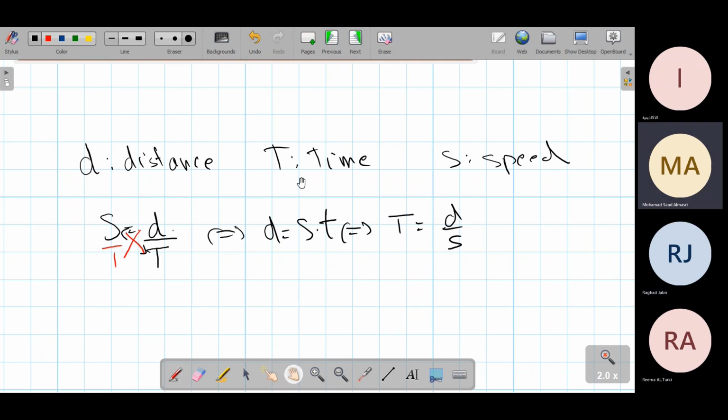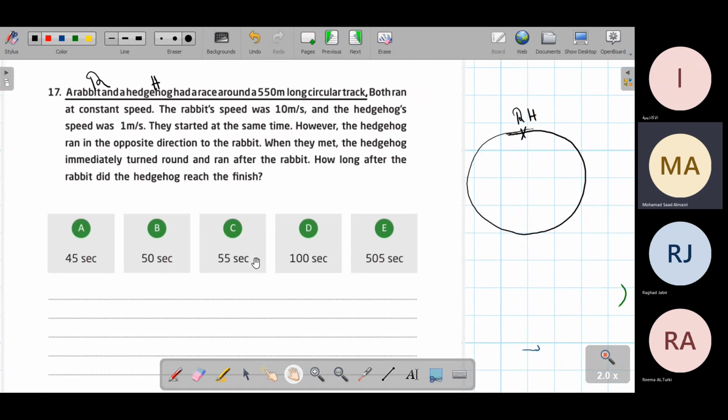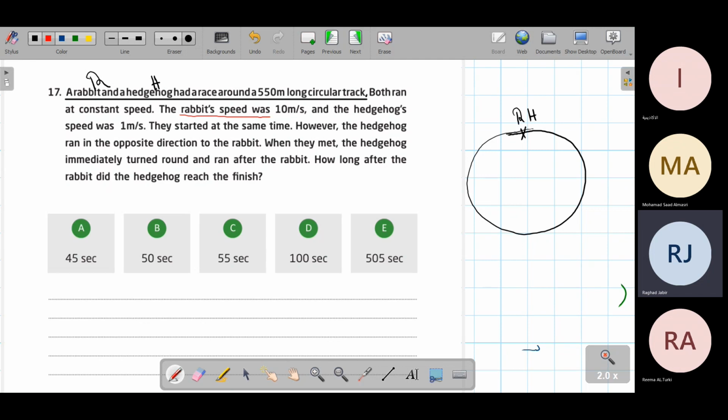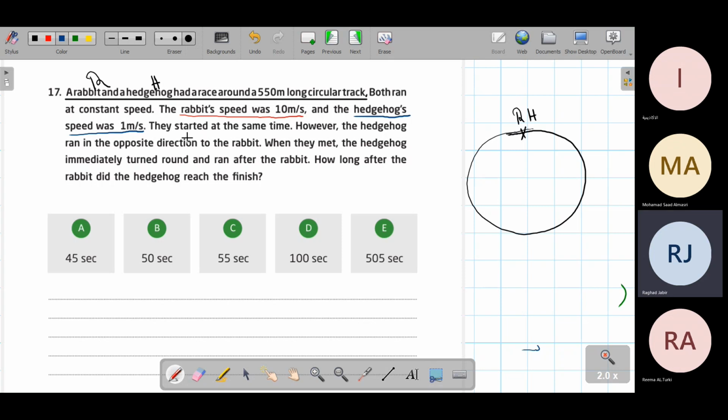If we go back here, it says the speed is constant, which means the rabbit's speed was 10 meters per second, and the hedgehog's speed was 1 meter per second. They started at the same time.